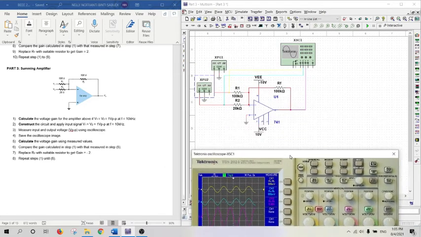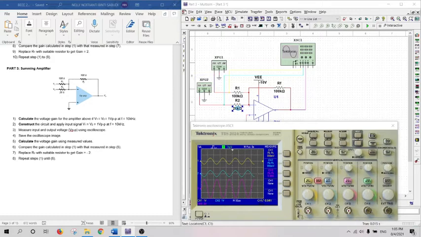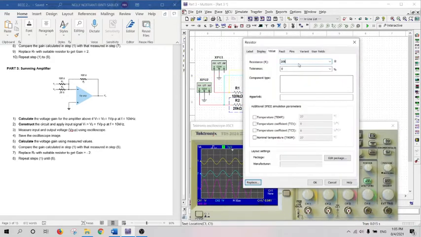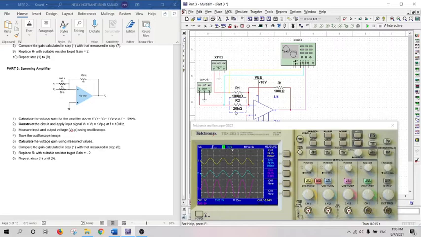Moving to the next question, the question wants us to replace the resistor with a suitable value to get a gain of -2. So I am going to change R2 to 100k. I'm going to replace it.